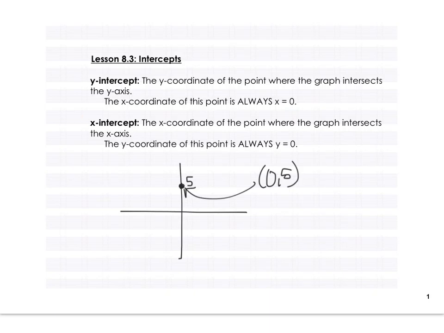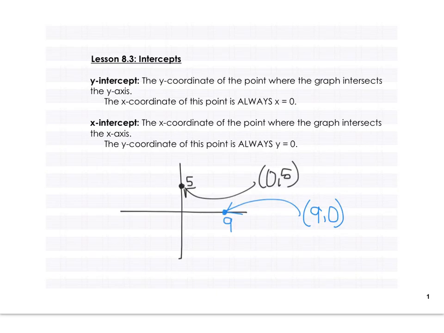Likewise, the x-intercept is the x-coordinate of the point where the graph intersects the x-axis. Again, this x in the intercept tells you the axis that it crosses. And likewise, if I were to put a point here and tell you that's where x is 9, you would again tell me that this ordered pair is (9, 0), because any point on this line has a y value of 0.